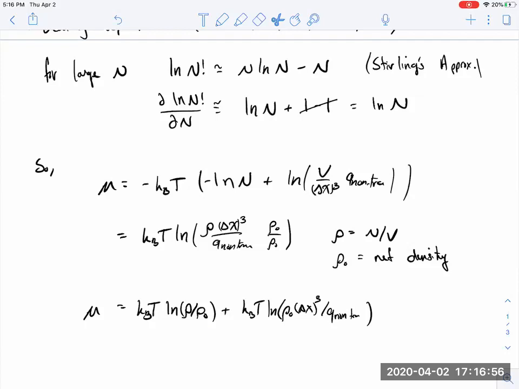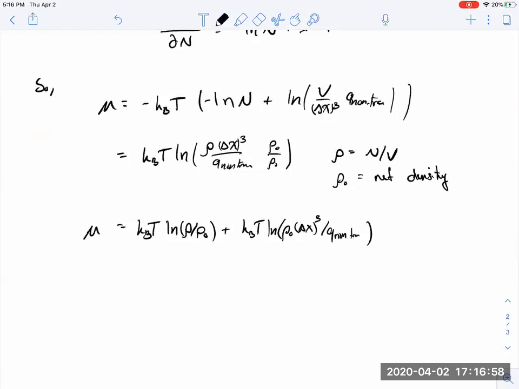We have two pieces. We have a piece that is simply dependent on the solute density and accounts essentially for the different translational states, all the different ways we can arrange spatially those solutes.